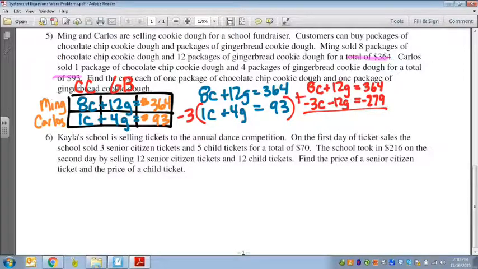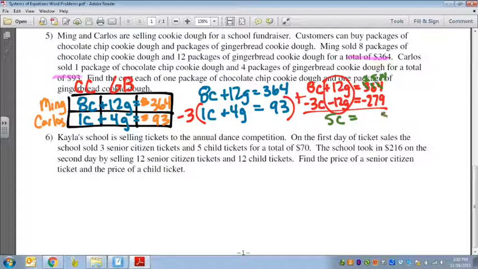Okay, so now I'm going to add these equations together because now I have my inverses, and those are going to eliminate. Yes, I know, that's my scary voice. So 8 plus negative 3 is 5. 364 minus 279, got to borrow.